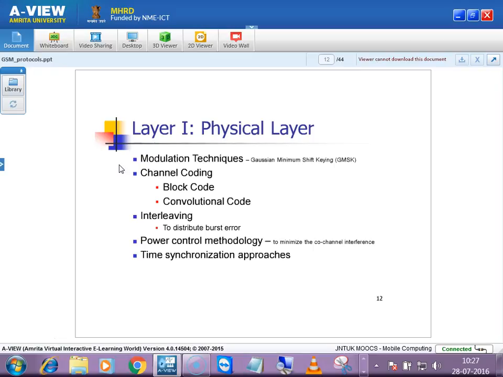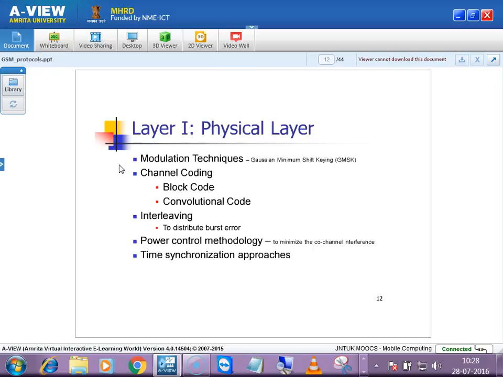In block coding, whatever packets are transmitted, the bits are grouped together to form blocks, and these blocks are sent. Suppose you take a CD: the data is not stored at one place, it is distributed circularly, because if some dust or a touch affects it, the CD would be stuck at that particular point.